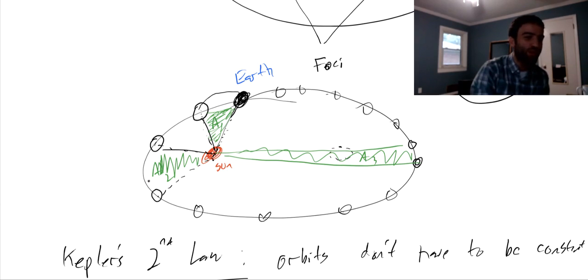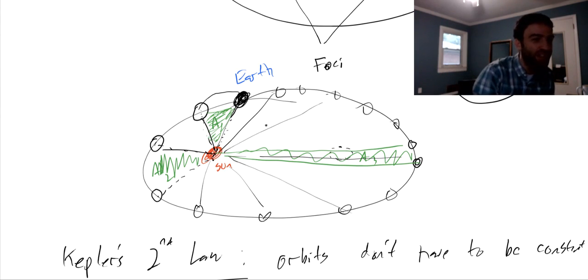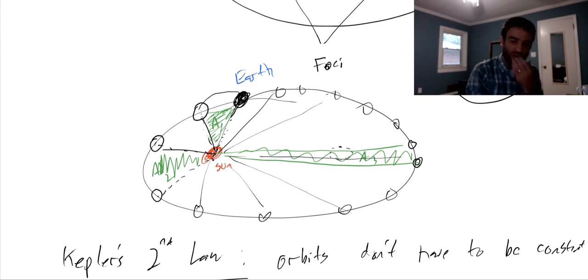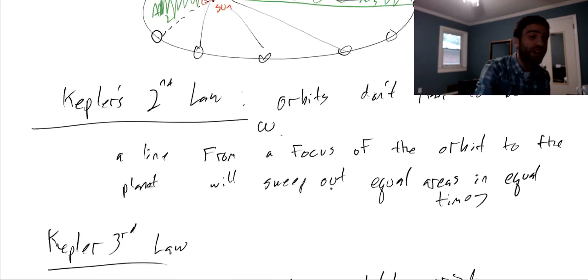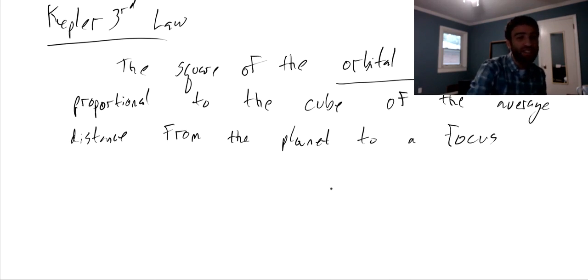Over here it's pretty close. Over here it's a little bit farther away. I've kind of exaggerated how stretched out this ellipse is, but it makes it easier to draw. So at different times of the year, the Earth is different distances away from the Sun, and if we take the average of all of those distances, Kepler's third law says the square of the time it takes the Earth to orbit around the Sun is proportional to the cube of that average distance.